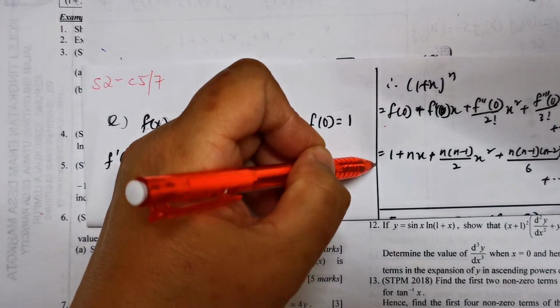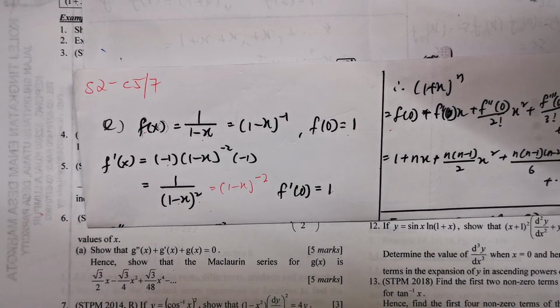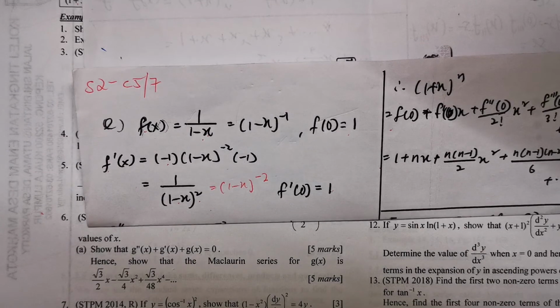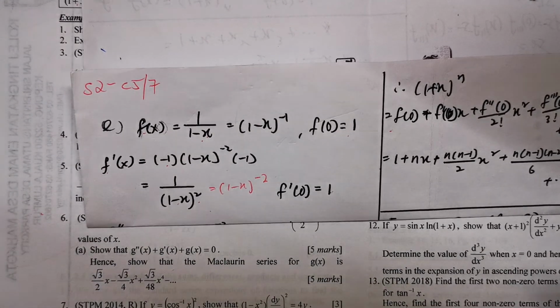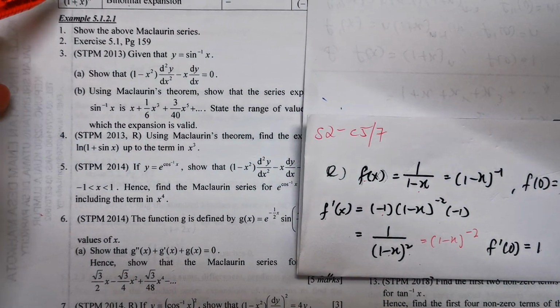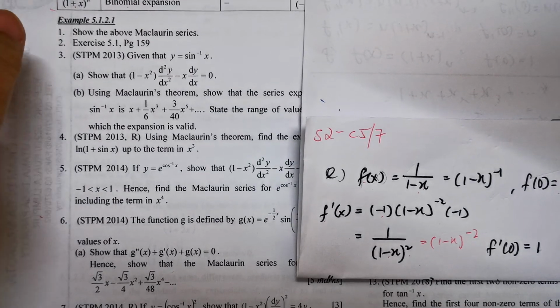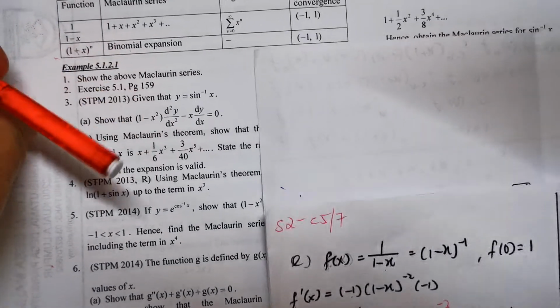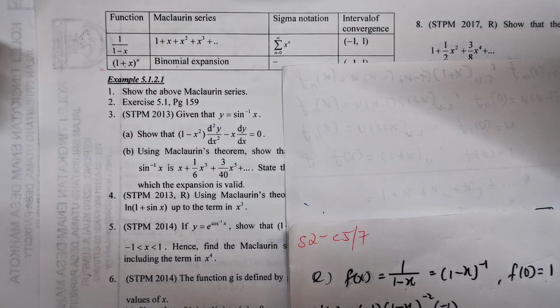It's actually the same. So this is how we use Maclaurin's theorem to expand the binomial expansion. So the few standard series in your notes, I have explained all. Only left sine x that you can refer to your textbook.